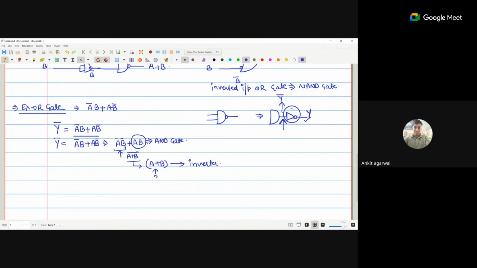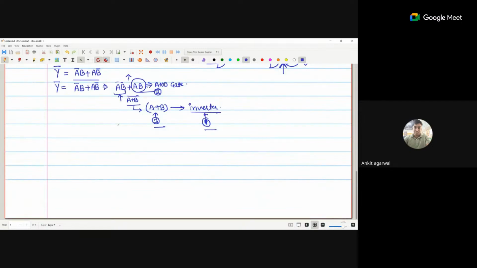So 3 gates for this, 1 gate for this. According to this, we are getting 3 plus 1, 4 to 6 gates.